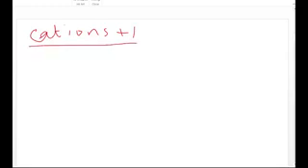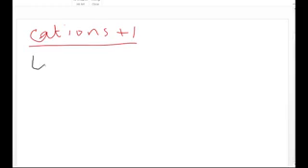Now, for example, let me start with cations which have a charge of plus one. I hope you are listening. Yes, sir. So here are the cations that have a charge of plus one.